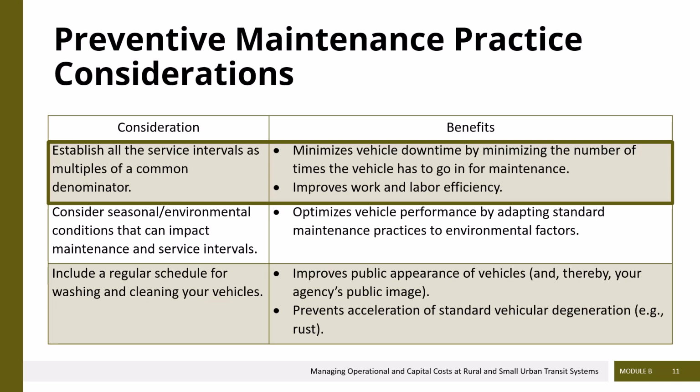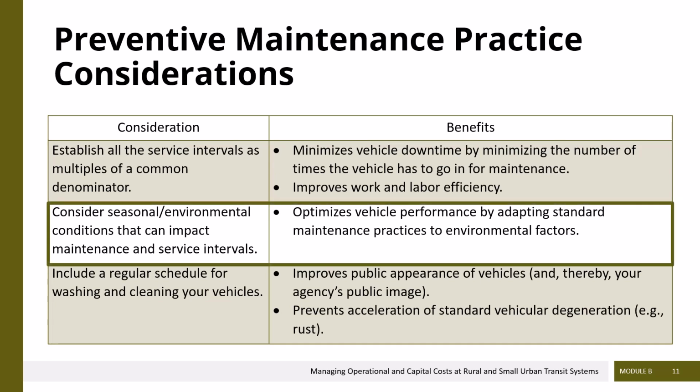So for instance, if you're planning to do at least an oil change and a basic check every 5,000 miles, then your other preventative maintenance activities could be multiples of 5,000, so that when you bring your vehicle in every 5,000 miles, you also can accomplish other activities, perhaps something that you want to do every 25,000 miles, every 50,000 miles, or every 100,000 miles. That way you can accomplish more activity in one preventative maintenance session.